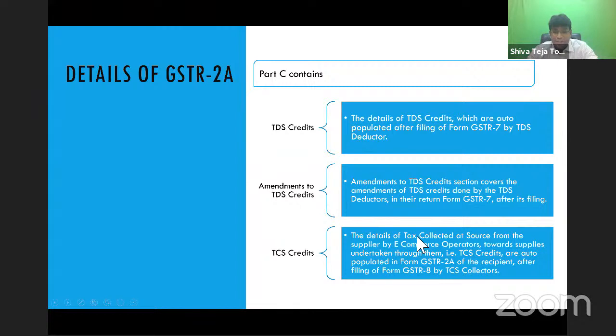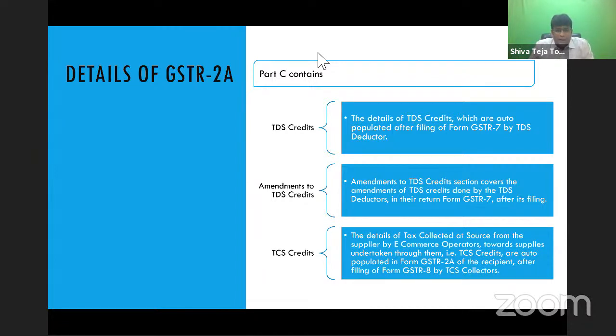Then details of TCS from supplier by e-commerce operator towards supplies undertaken through them, that is TCS credit, are auto-populated in GSTR 2A of the recipient after filing of GSTR 8 by TCS collectors. I'm sure we remember the story of TDS and TCS. Done.